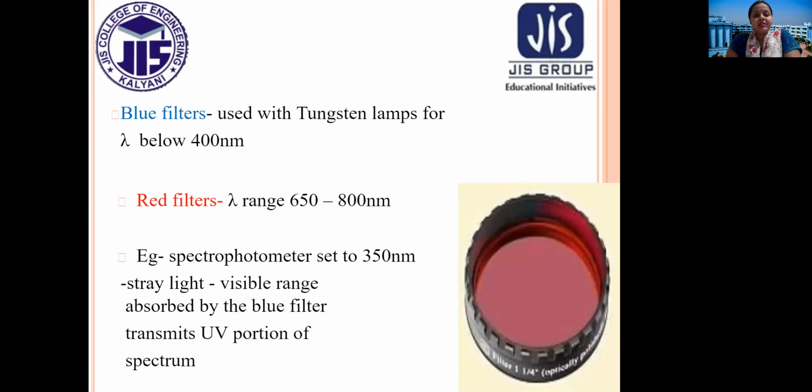Most spectrophotometers are equipped with stray light filters. Blue filter is used with a tungsten lamp for wavelength below 400 nanometer. Red filter for lambda range 650 to 800 nanometer. Spectrophotometer set to 350 nanometer: stray light in the visible range is absorbed by the blue filter, which transmits the ultraviolet portion of the spectrum.